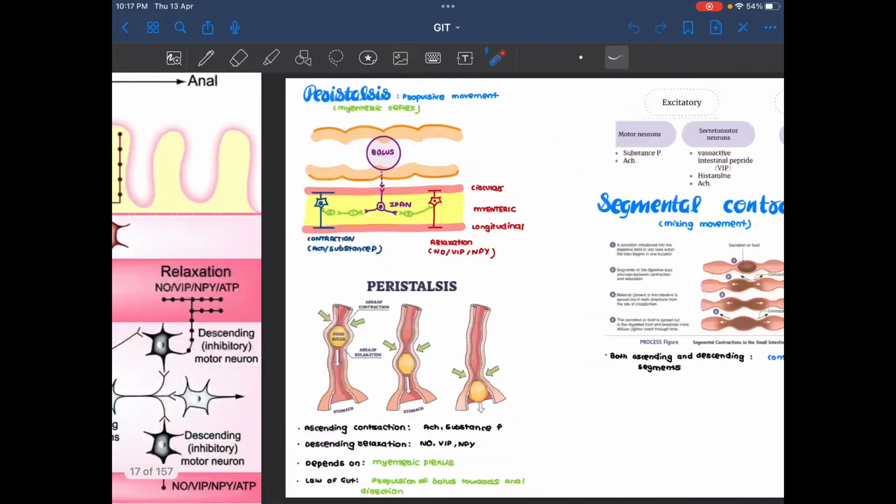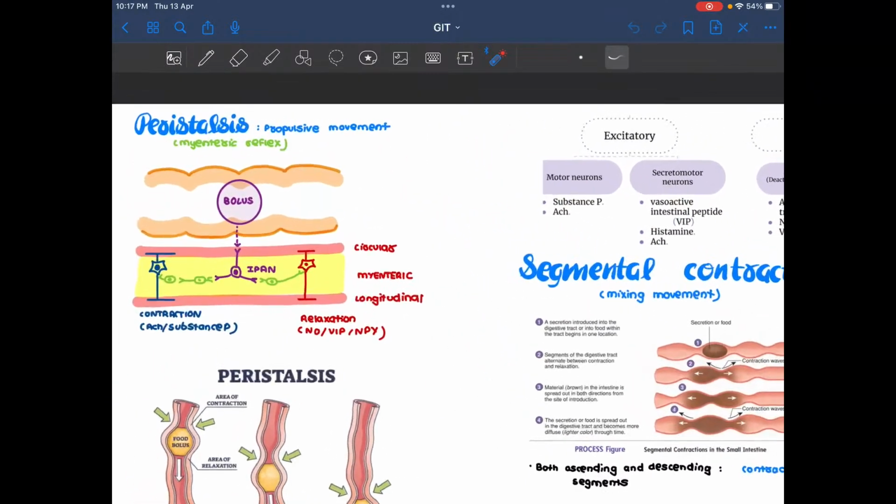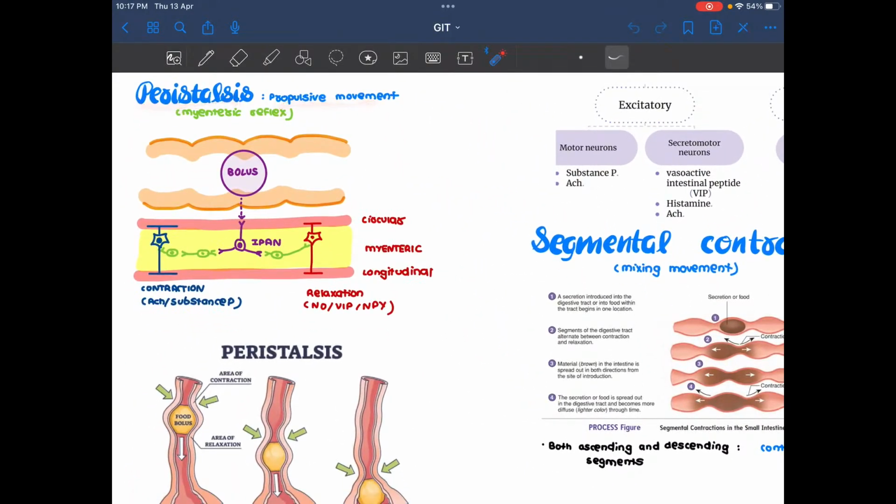Okay, so this is what is happening. So this is what I want to discuss about the two movements that we have. We have peristalsis. This is your propulsive movement. This is also known as the myenteric reflex because ये सारा portion is going to be facilitated by the myenteric reflex.